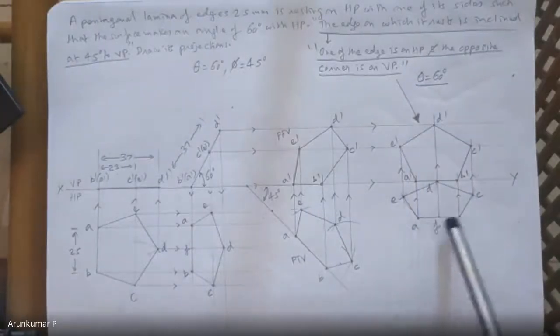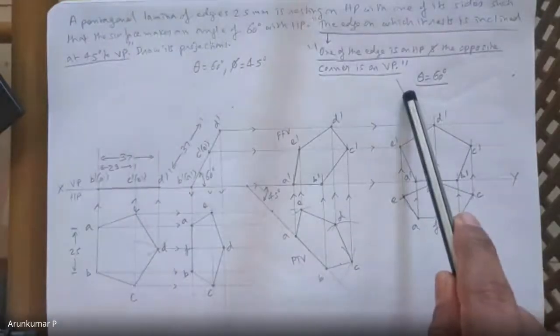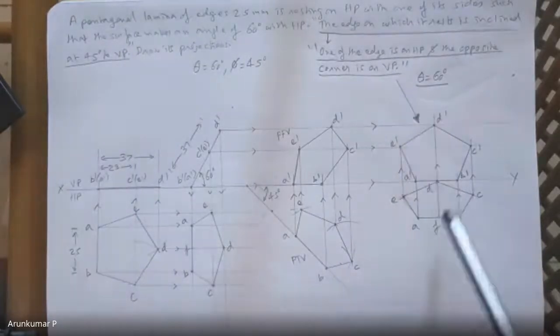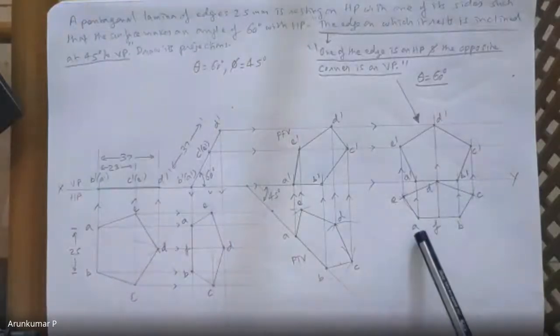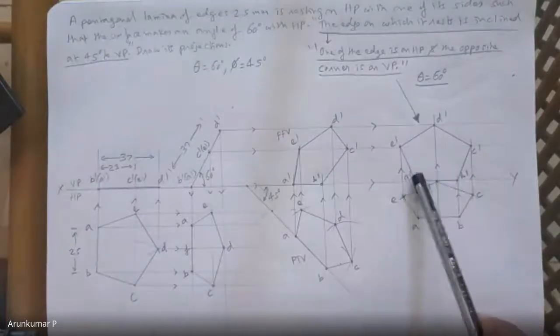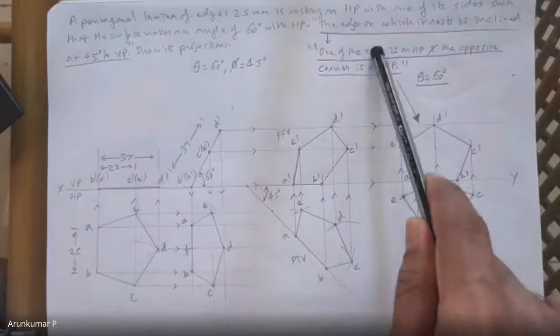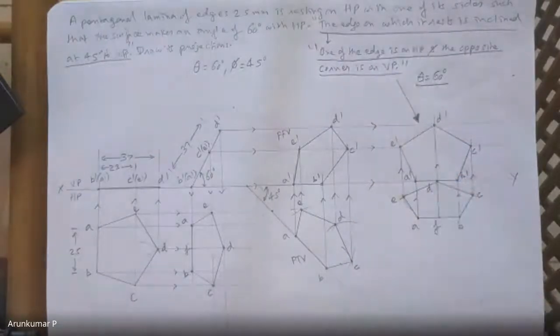Then its front view, as we know, any point that is on HP, where is its front view? On XY line. Just check whether you're getting. Yes. AB, if you project A dash and B dash, is on XY line. So this indicates that the edge AB is on HP.